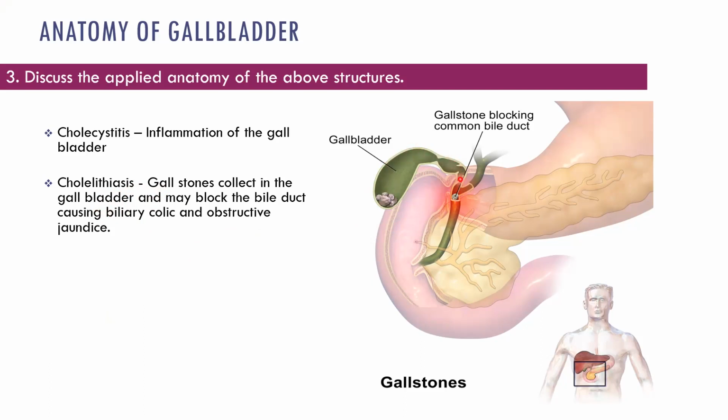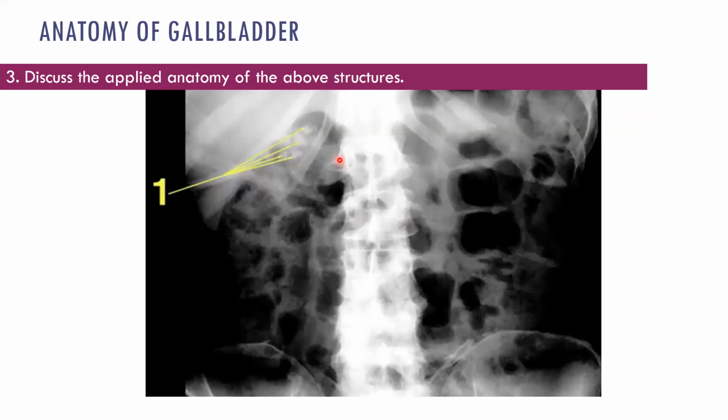Because of this blockage, the person might have biliary colic, which is very painful, and may appear yellow due to obstructive jaundice. Okay, this is the gallstone, which can be visible on X-ray.